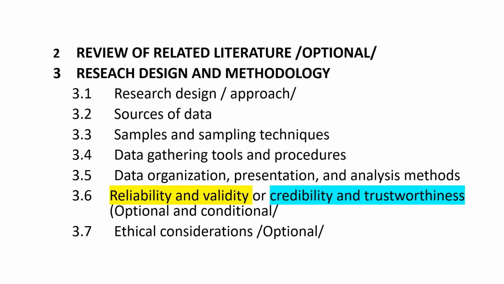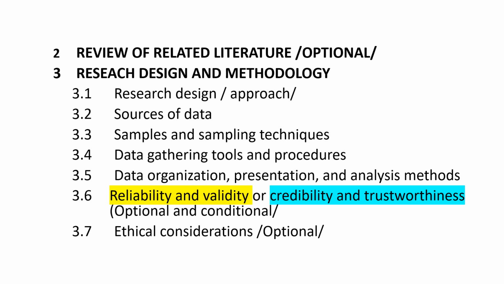Here also there are different ways of presenting. You should not necessarily follow this one as it is. It depends on the guideline you are given. Anyway, some of the things included in research design and methodology are these.